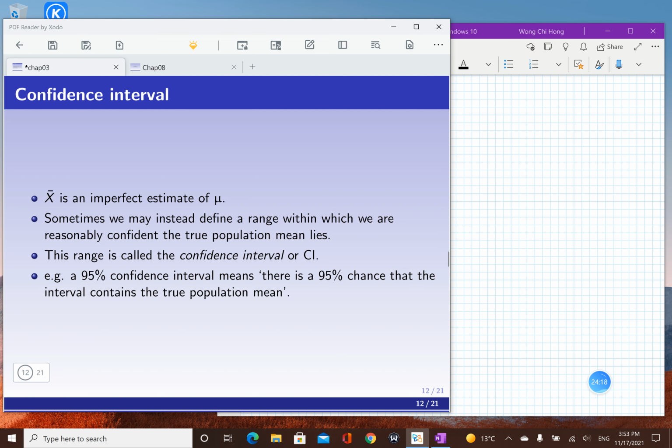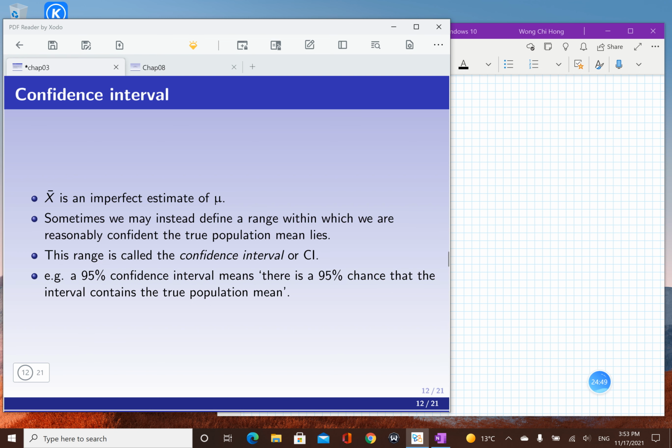We want to be fairly confident to say that mu is somewhere near your x bar, but we have to write down an interval where mu should be. And if you have a large range, then it's more likely this is true. So you're more confident to say that mu will fall in this interval.